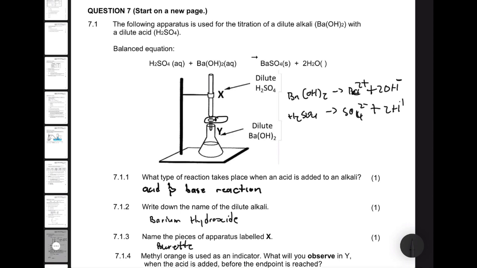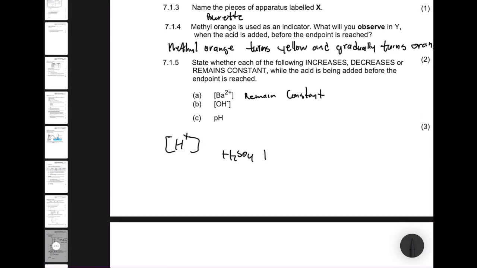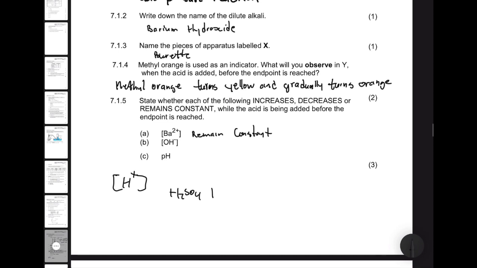So the more we add the acid, the more the concentration of OH minus decreases, because OH minus plus H plus is clearly H2O. So OH minus is going to decrease.